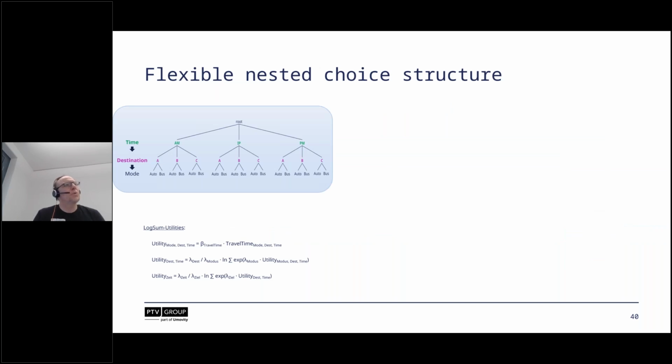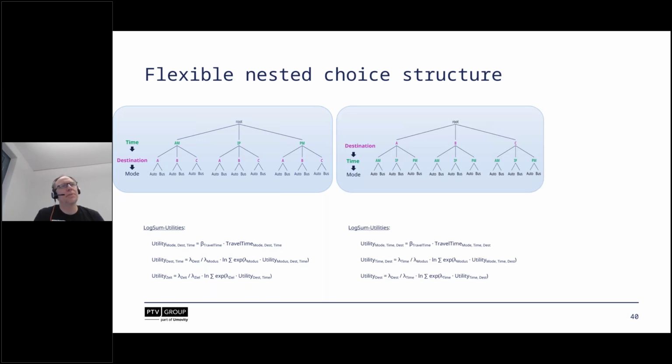With this new type of choice, there's also the need to define where this is applied in the choice structure, and this is now possible. So you can define how your choice model is set up with regard to the levels of the different choices. So you can say first time choice and then destination choice, then mode choice, or the other way around.